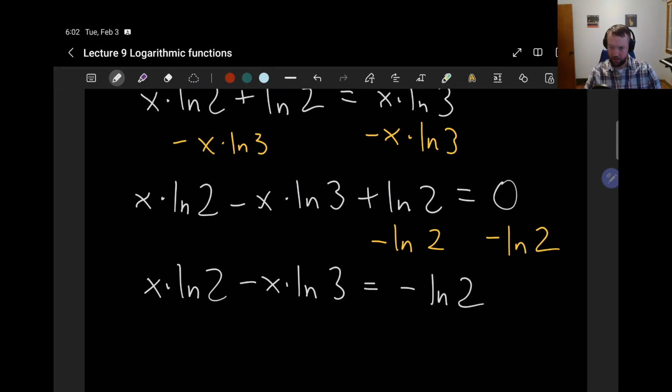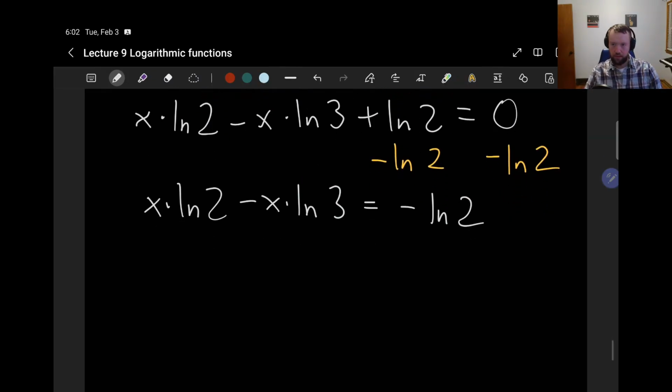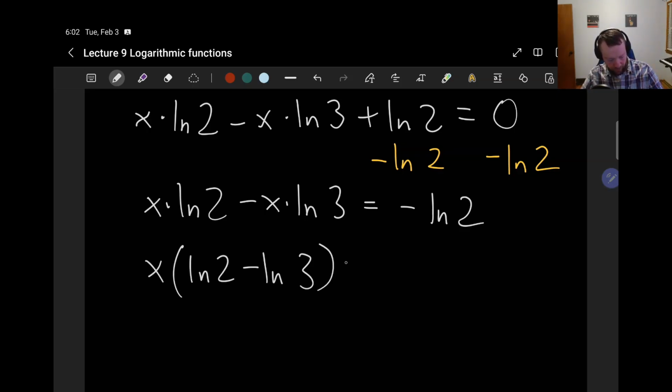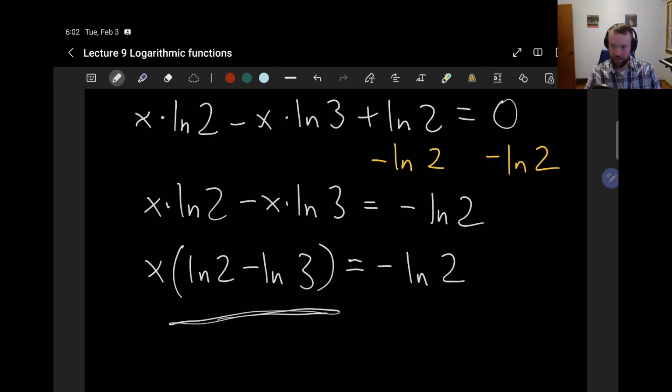Now to get x by itself, and this is maybe the trickier part, notice that on this side, now that I've moved the ln of 2 over, I have a times x in every term, which means we can factor it out. Now this ln of 2 minus ln of 3, that's still just a number.